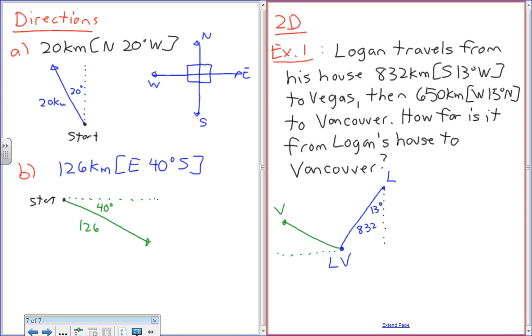And that's going to be Vancouver, and that's going to be 15 degrees. Oh, sorry, that should be 650 kilometers. What are we actually looking for in this triangle? You're looking from Vancouver to Logan's house.